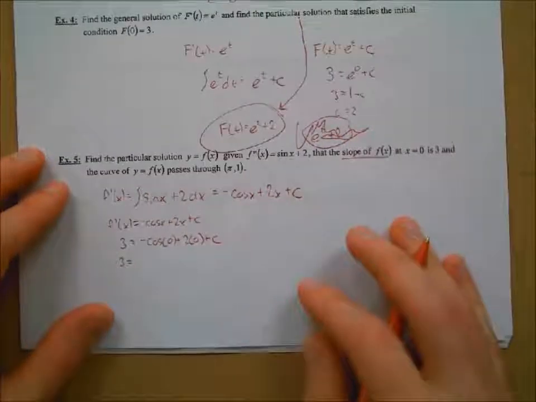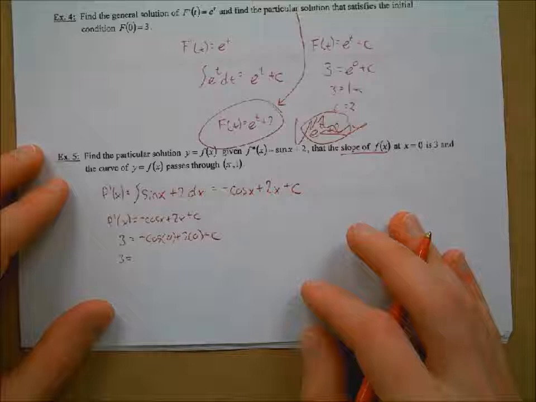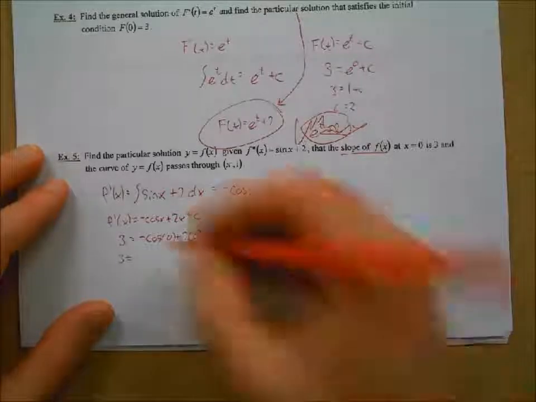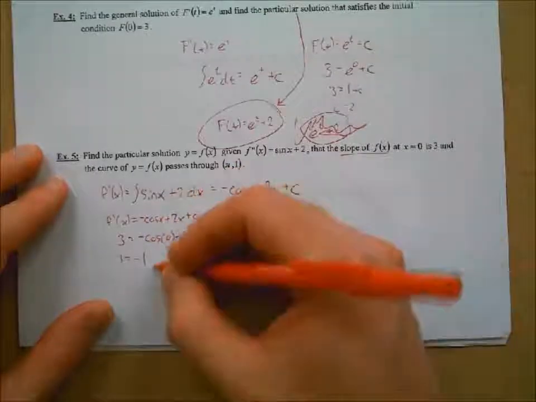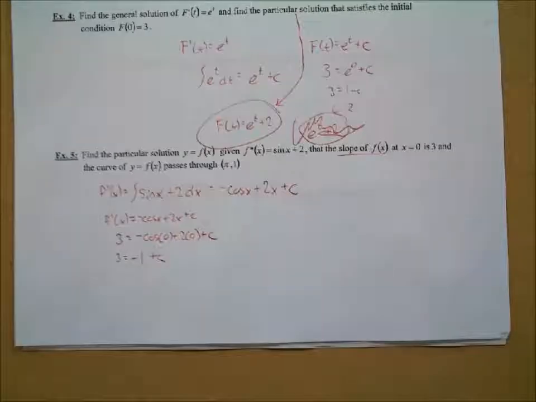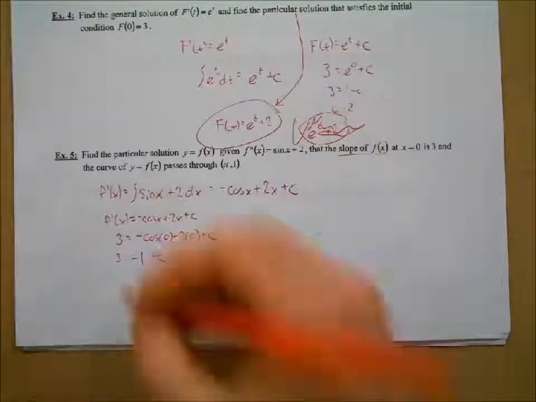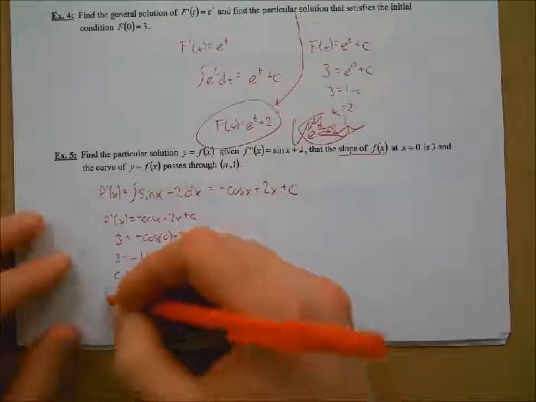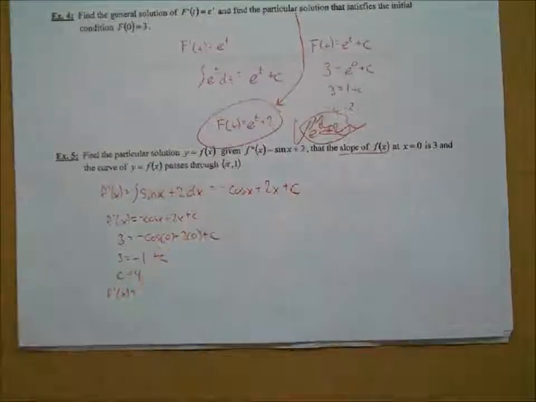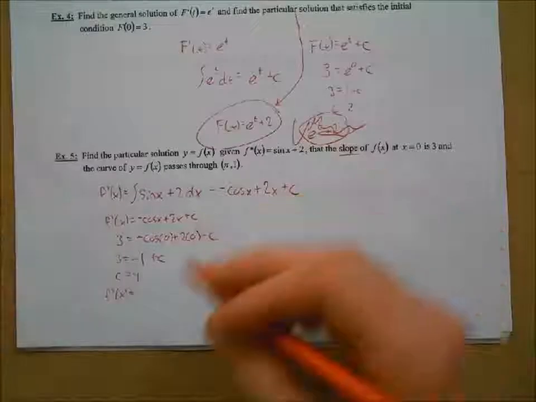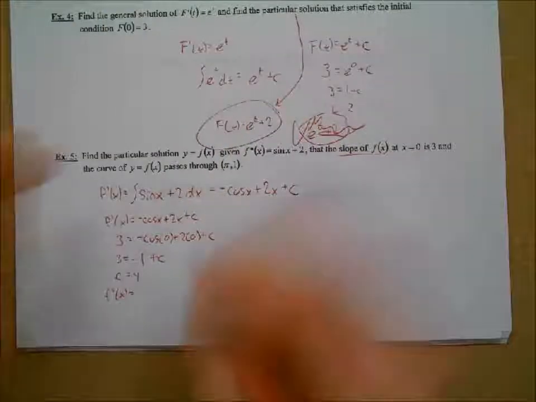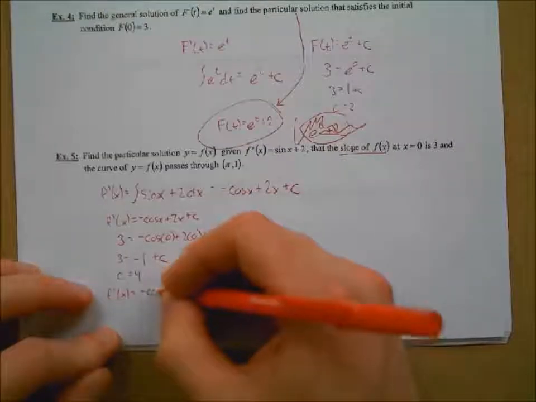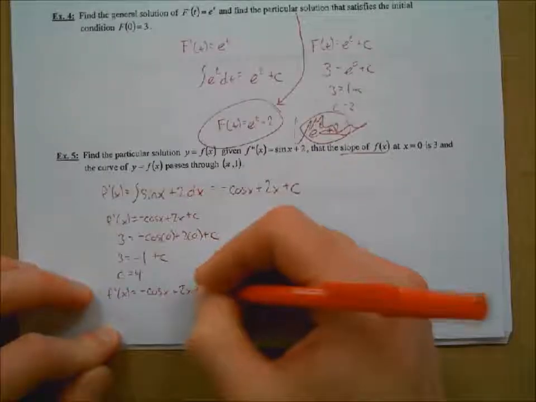It'll be 1. Cosine of 0 is 1, so negative 1 plus c, and so c is 4. So f prime of x, the particular solution here, we have the general solution, the particular solution for this situation with this information is negative cosine x plus 2x plus 4.